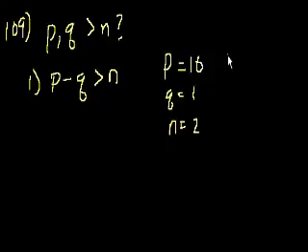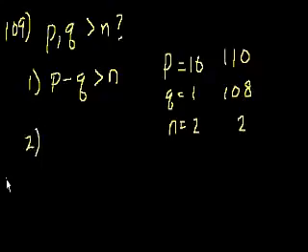Or it could be 110 and 108, and when you subtract, you get 2. And in this case, q is bigger than 2. So this doesn't give me enough information. I can think of two combinations of p, q, and n, one that says that q is not greater than n, and one that says that q is greater than n. So one by itself isn't enough.